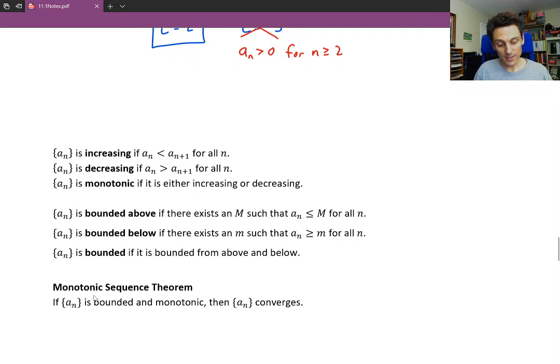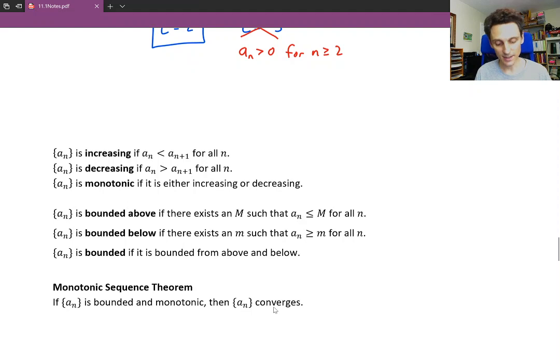The monotonic sequence theorem says that if you have a sequence that's bounded, so it has a ceiling and it has a floor, and it's monotonic, so that it's either always going up or it's always going down, then that sequence has to converge. Imagine if it was monotonic and increasing, right?